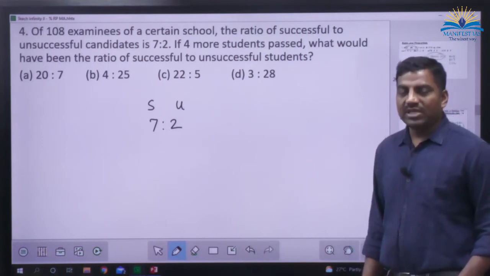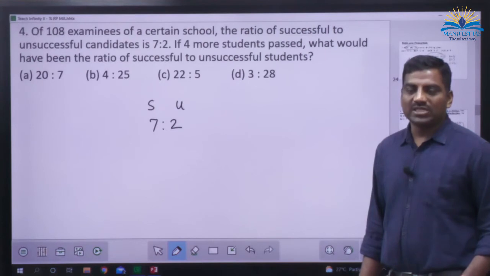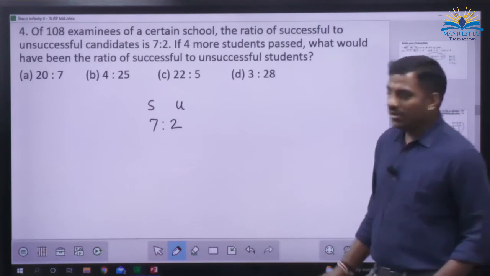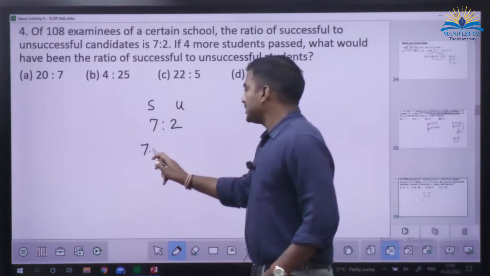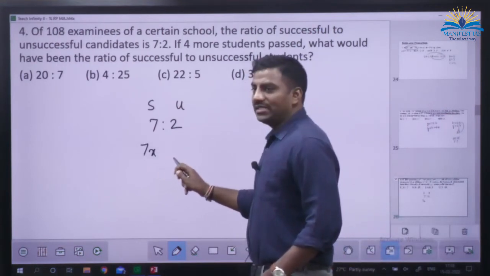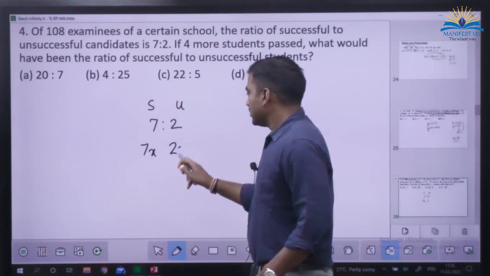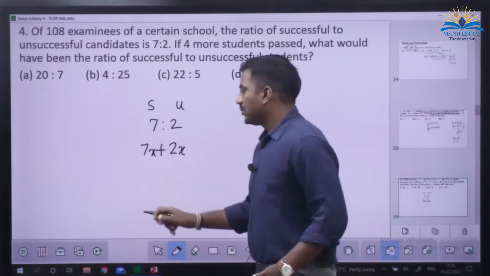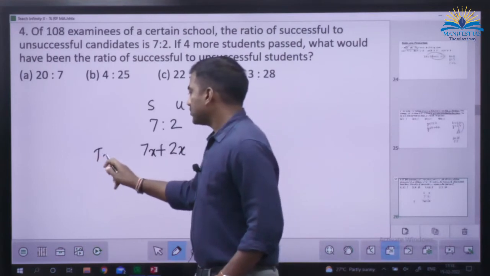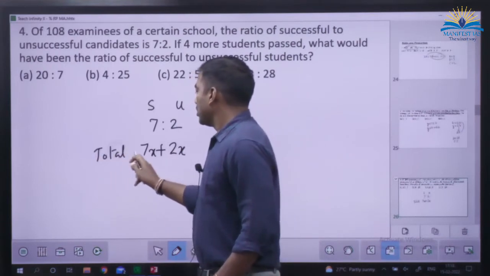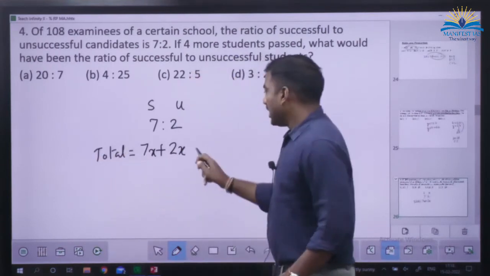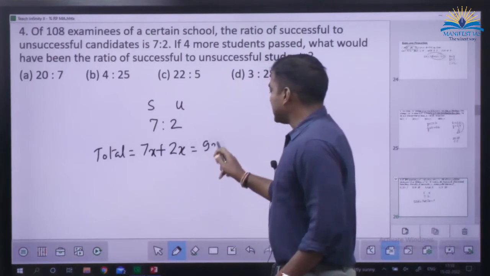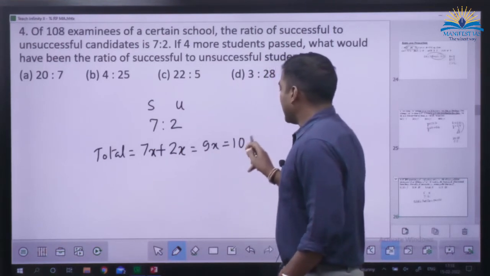In the school, for every 7 successful candidates there are 2 unsuccessful candidates. So 7x is successful candidates and 2x is unsuccessful candidates. Combining them, what is the total? Total is 9x. This 9x is nothing but 108.